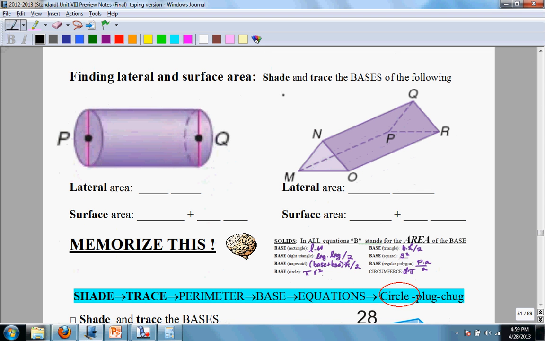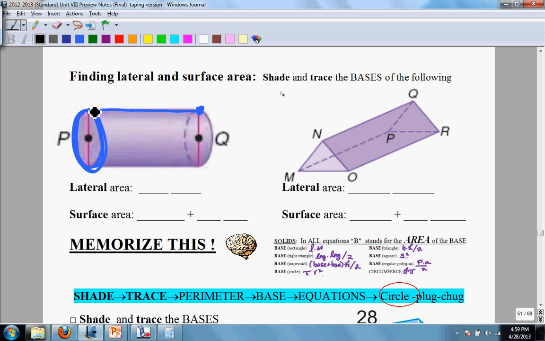The lateral area is the area just around the side. So in this can, the lateral area is going to be the length of this edge, because that's the length of the rectangle. If you look really carefully, trace it with me, that edge is the circumference.